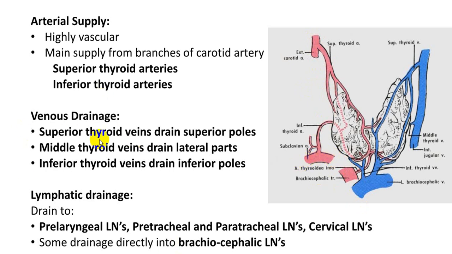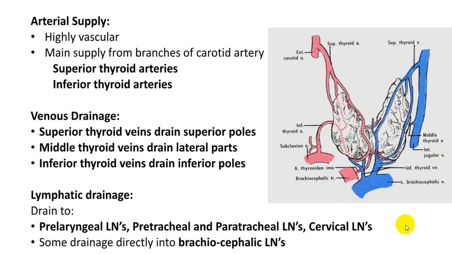Venous drainage is into the superior thyroid vein from the superior lobe, the middle thyroid vein drains the lateral part, and the inferior thyroid vein drains the inferior pole of the thyroid gland. The superior and middle thyroid veins drain into the internal jugular, while the inferior thyroid will drain into the brachiocephalic vein.